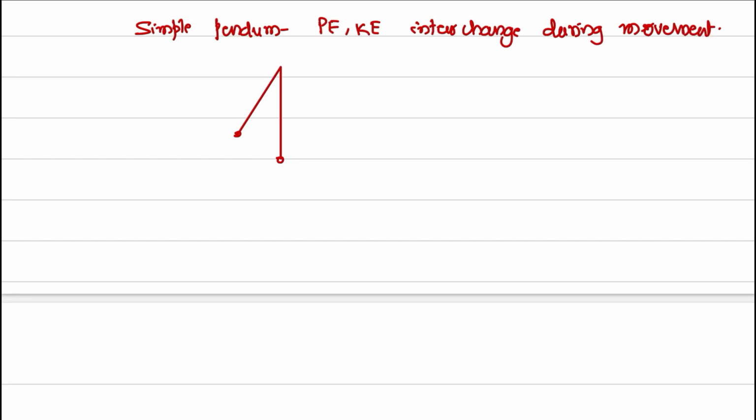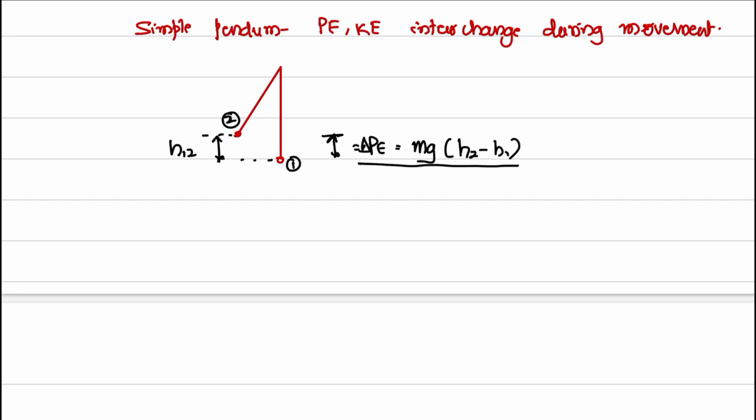This position is at a higher elevation when compared to this. Let me say this is position 1 and this is position 2, with height h1 to this height, then potential energy increases, delta PE is equal to mg into h2 minus h1. This is the change in the potential energy.